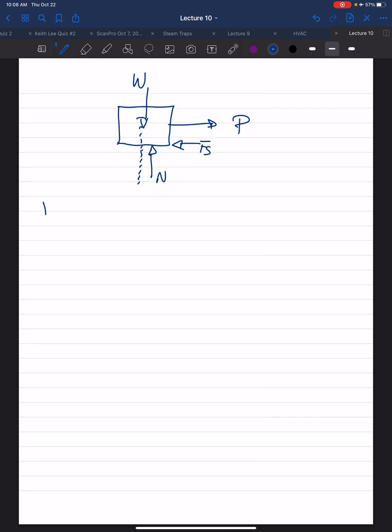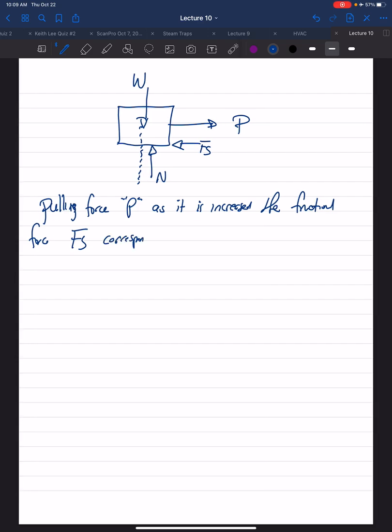So as the pulling force, P, is increased, the frictional force correspondingly increases until it attains a maximum value, we'll say Fs.